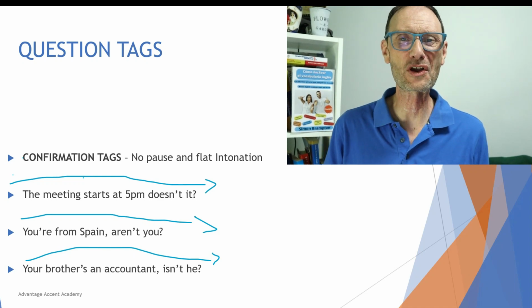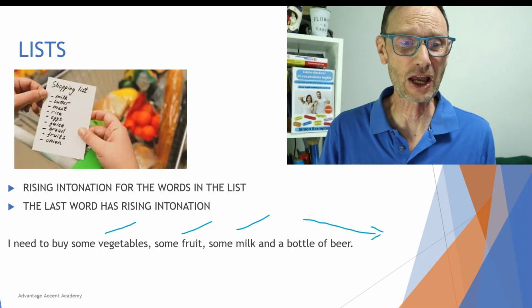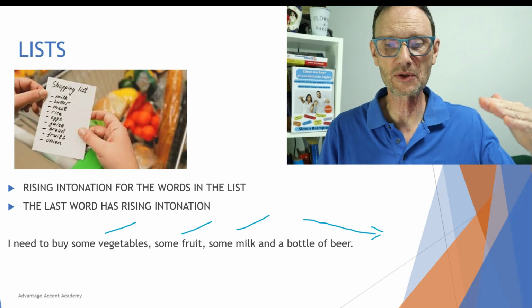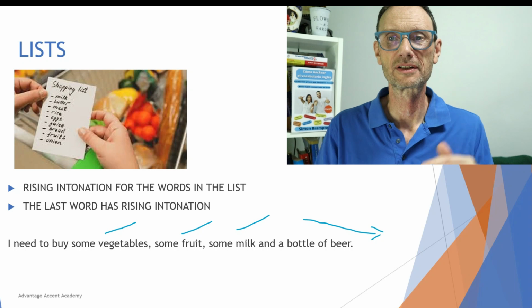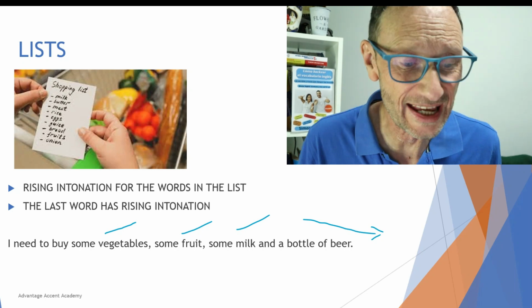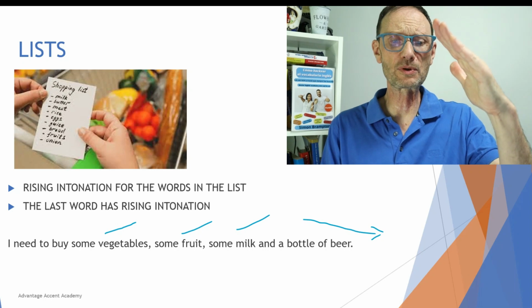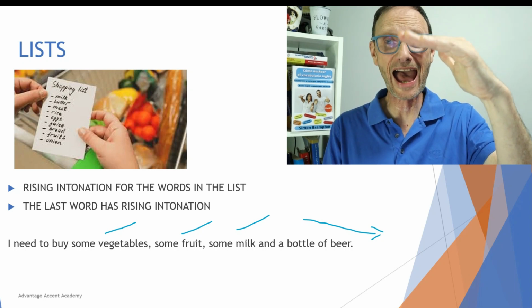Now, another area where intonation is used is with lists. So, here's a shopping list. The intonation goes up, up, up, and then goes down on the last item on the list. I need to buy some vegetables, some fruit, some milk, and a bottle of beer.